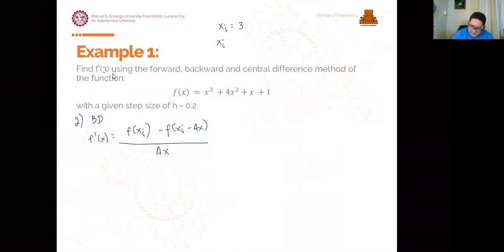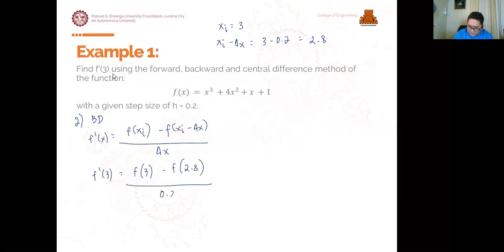Then x sub i minus delta x naman yung kailangan natin. So 3 minus 0.2. So we have 2.8. So dito ang kailangan natin is f prime of 3 equals sa f of 3 minus f of 2.8 all over 0.2. Okay? So kailangan identify ulit natin muna yung value.